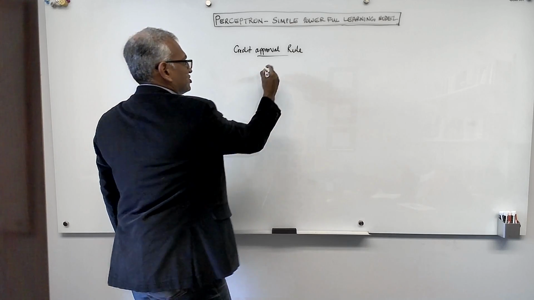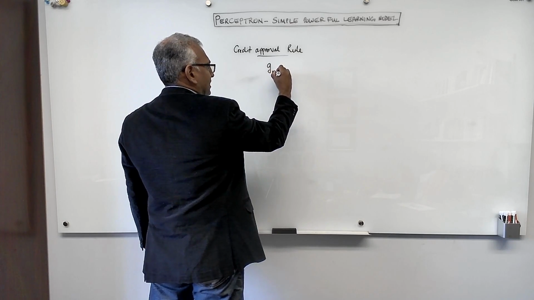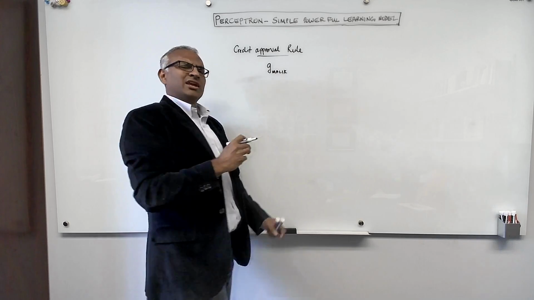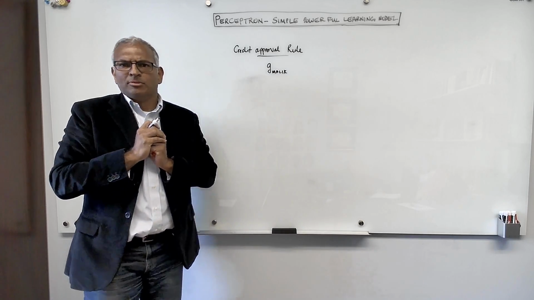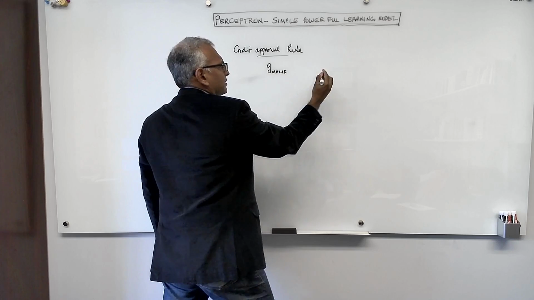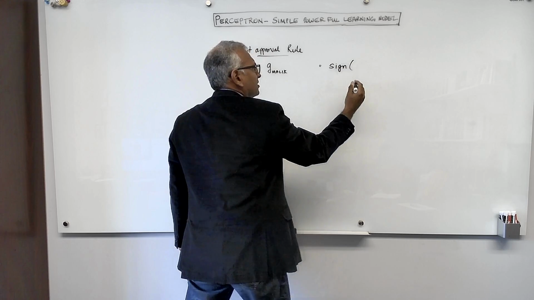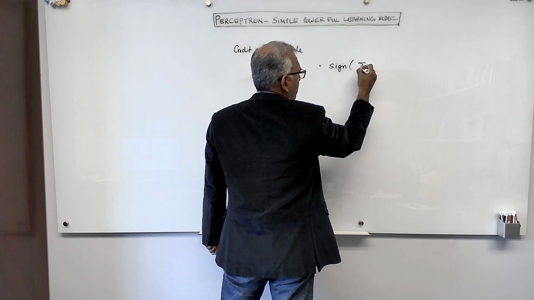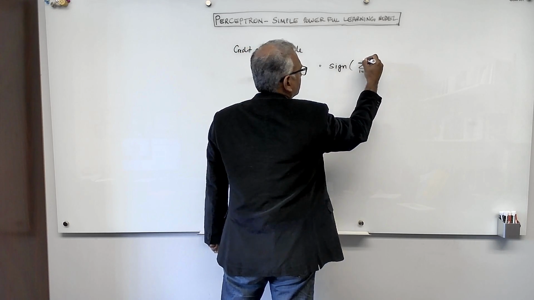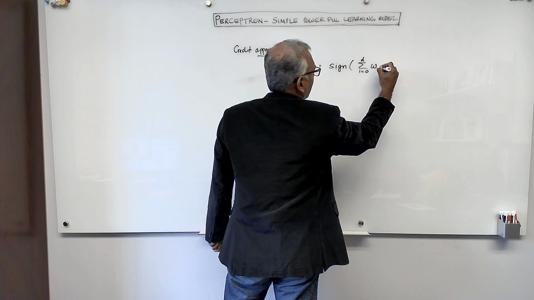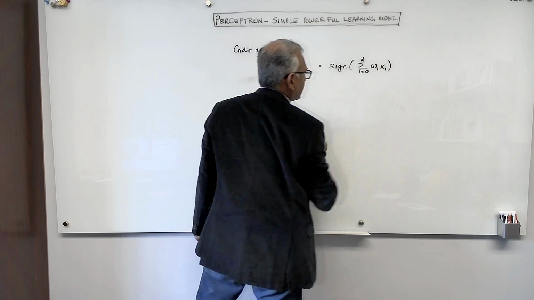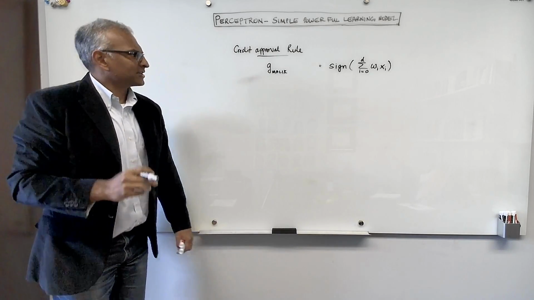So let's call this g sub Malik, because it was created by Malik sitting in a dark room in the bank. So g sub Malik is equal to sign of the sum from i equals 0 to d of w_i x_i. That is Malik's rule.